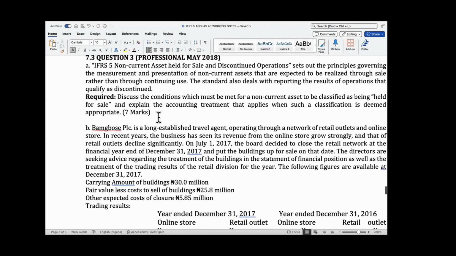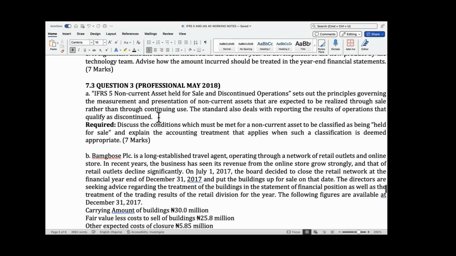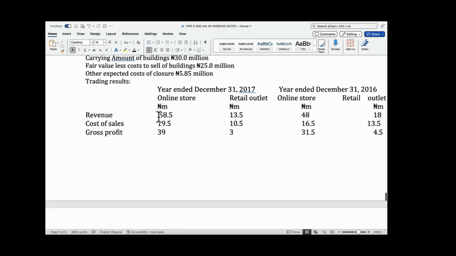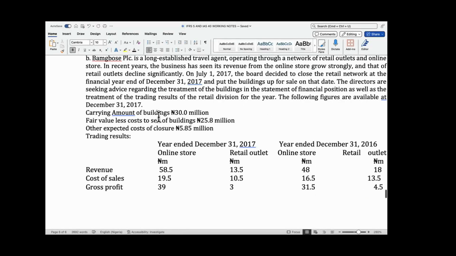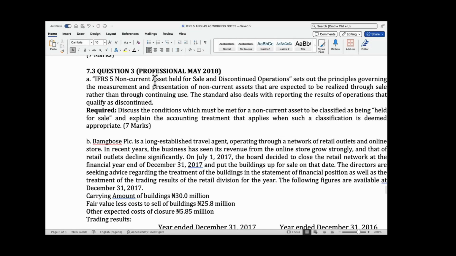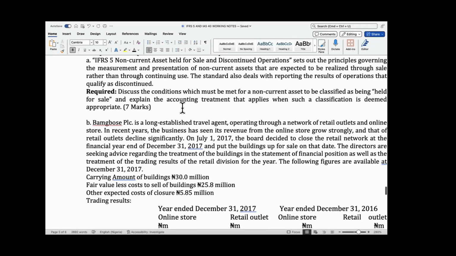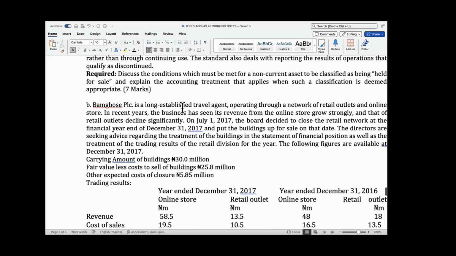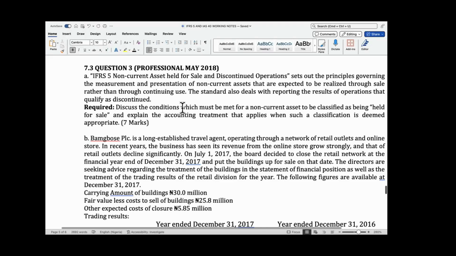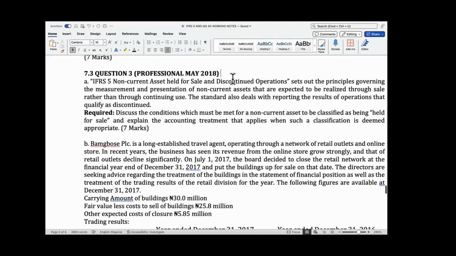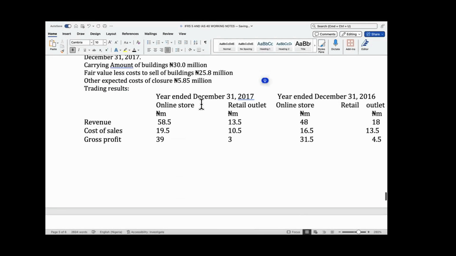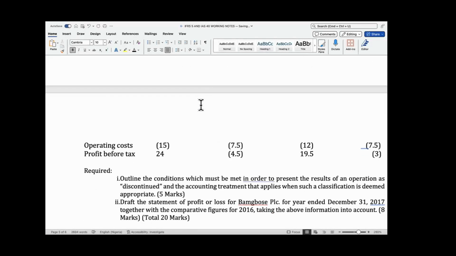They have asked a similar question before, at professional level. This one we solved is the one they asked at skills level. It's just the same question they asked for the two levels. So this is the one they asked in professional. I'll advise you to attempt it and use it to practice.